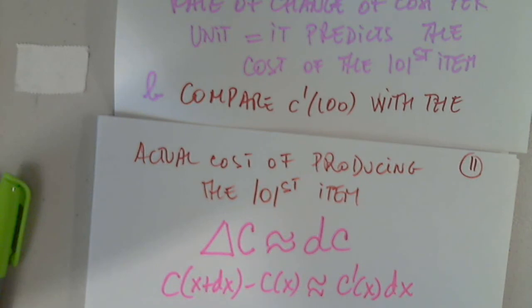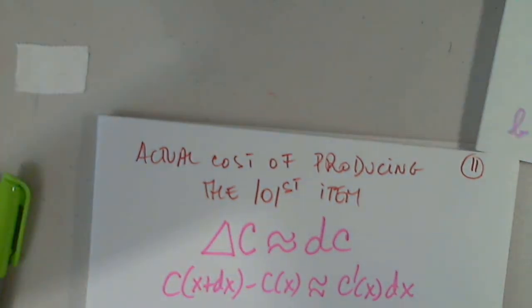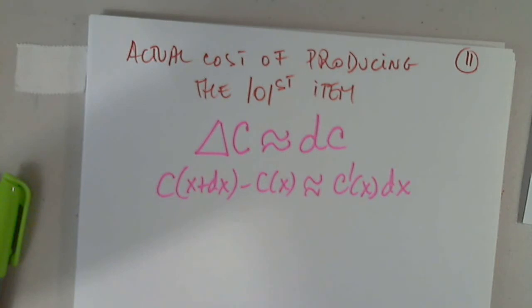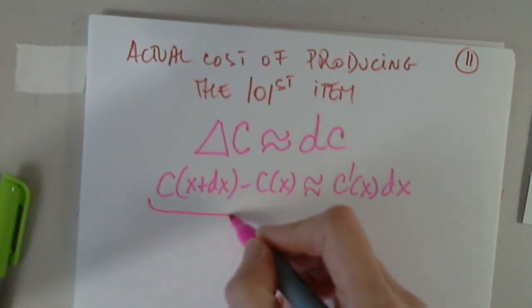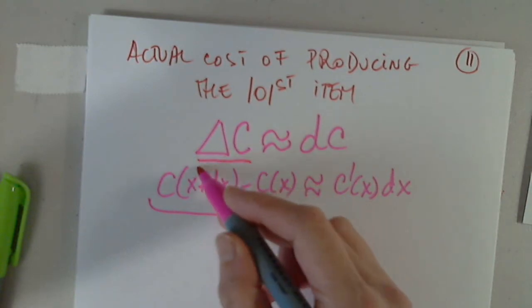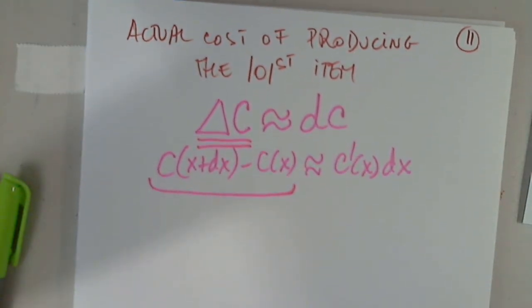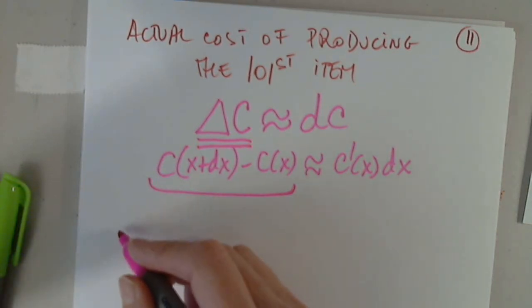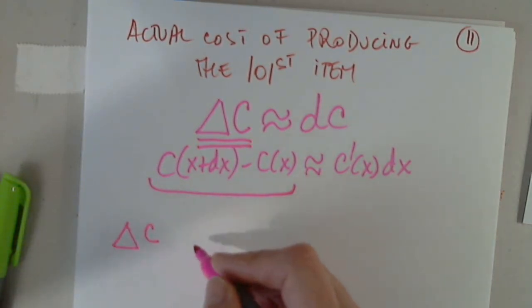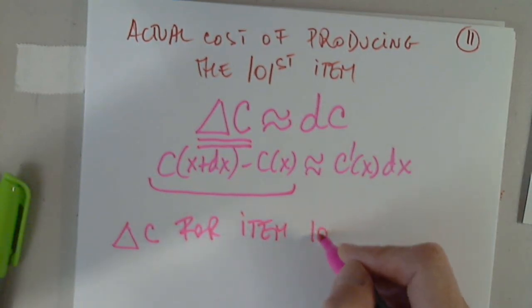Exactly the same thing we wrote with y or f, now we write with C. So at this point we're asked to find this. We have not found the exact cost yet of producing the 101st item. How will I determine the exact delta C for item 101st?